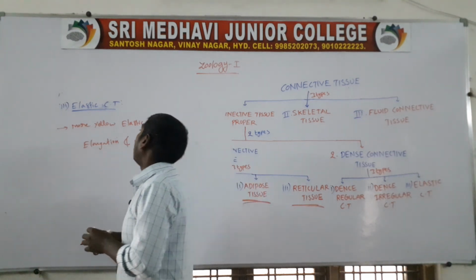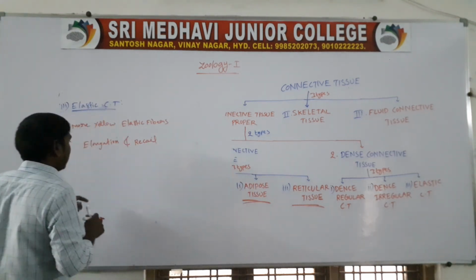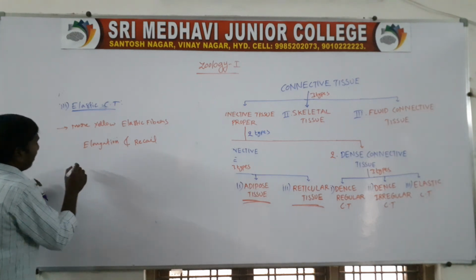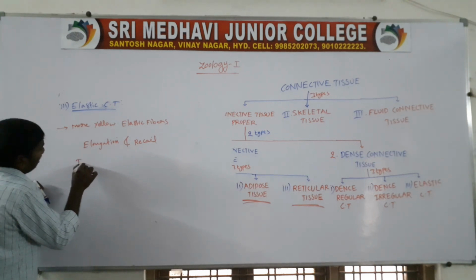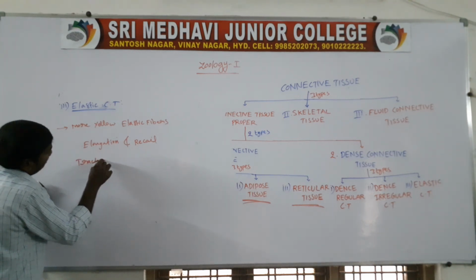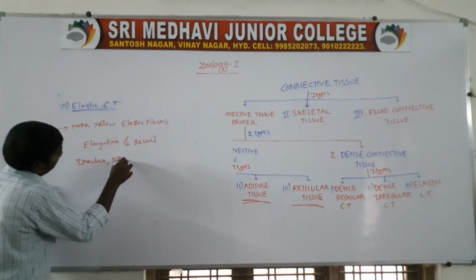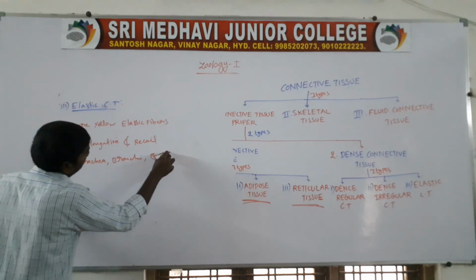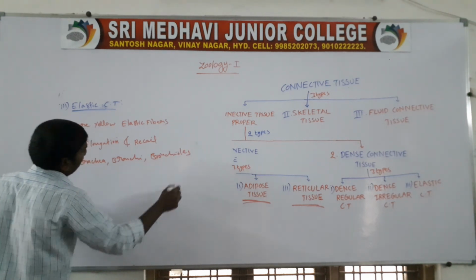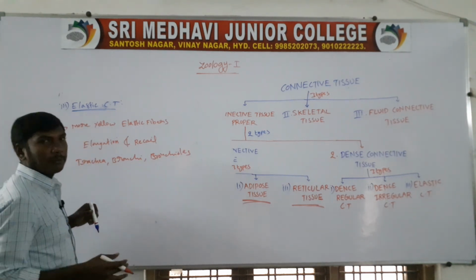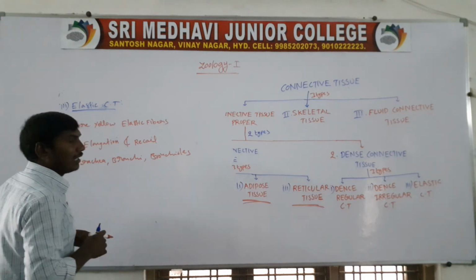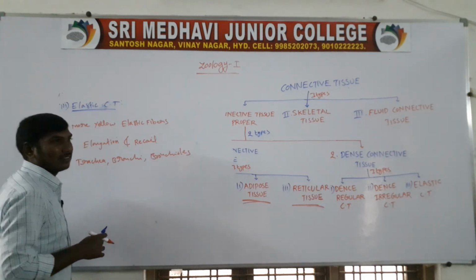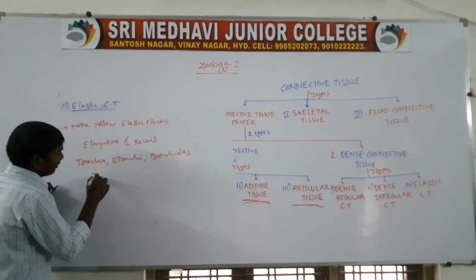These are present in the trachea, bronchi and bronchioles. Next one, the intervertebral disc.